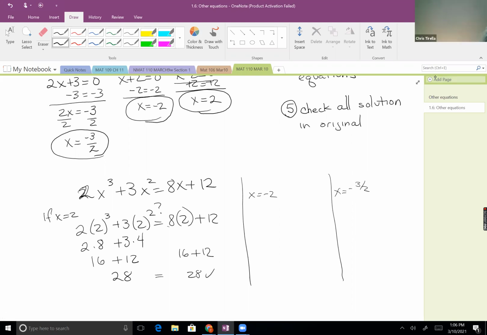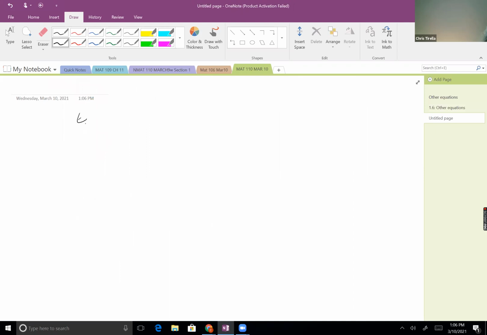My next example looks a little bit different. And again, in my next example, there's a common careless mistake that people make at the beginning. We don't want to make that careless mistake because we don't want to lose any solutions. So I'm going to start with 3x to the 4th equals 81x. And again, remember the first thing we want to do is make one side 0.